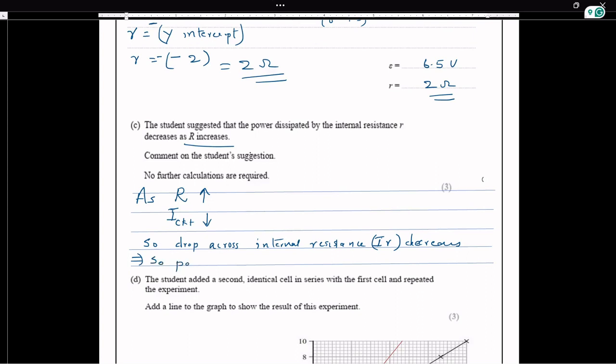Actually the current decreases, therefore the power I squared r decreases. So this is the answer. The drop across the internal resistance decreases. We need the power dissipation only, so the power I squared r dissipated by the internal resistor decreases. Actually all of this is happening because the circuit current is decreasing.